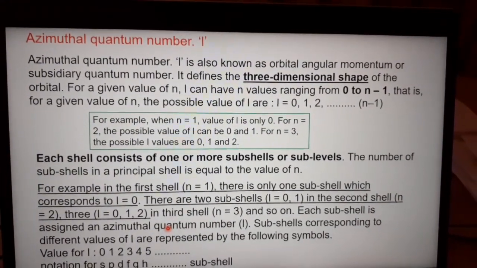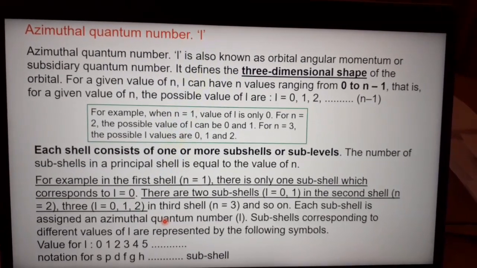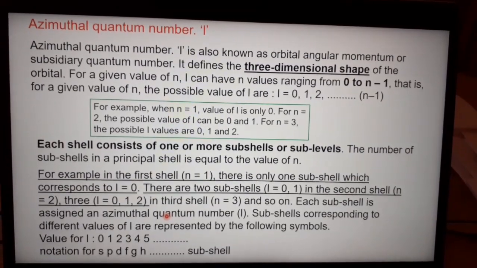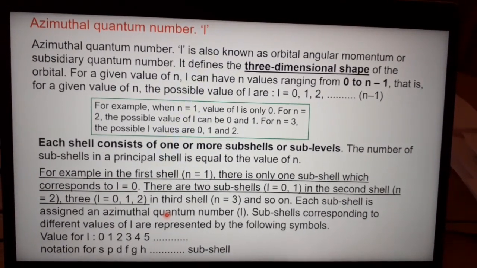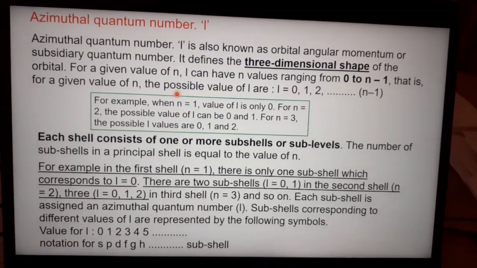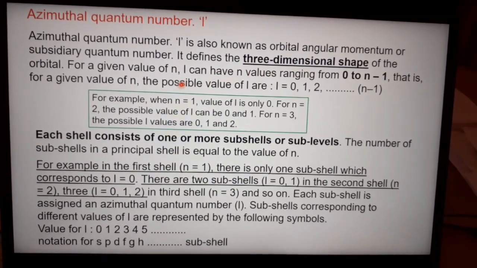Okay. Next is the azimuthal quantum number, which is designated as L. The azimuthal quantum number L is also known as the orbital angular momentum number, or the subsidiary quantum number. It defines the three-dimensional shape of the orbital.